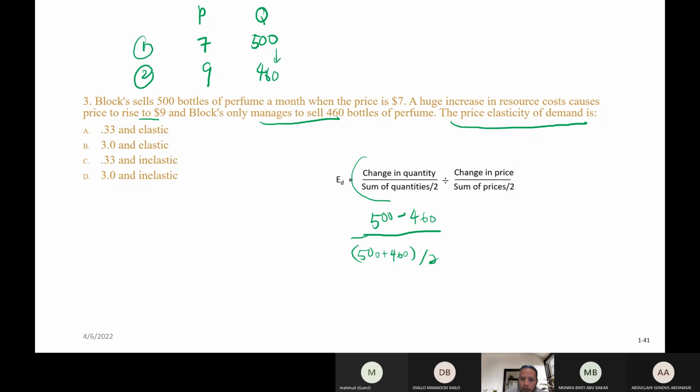So you get this part. Then divide by change in price. Price change is 7 minus 9 over sum of price over 2. Okay, so do you get the answer?